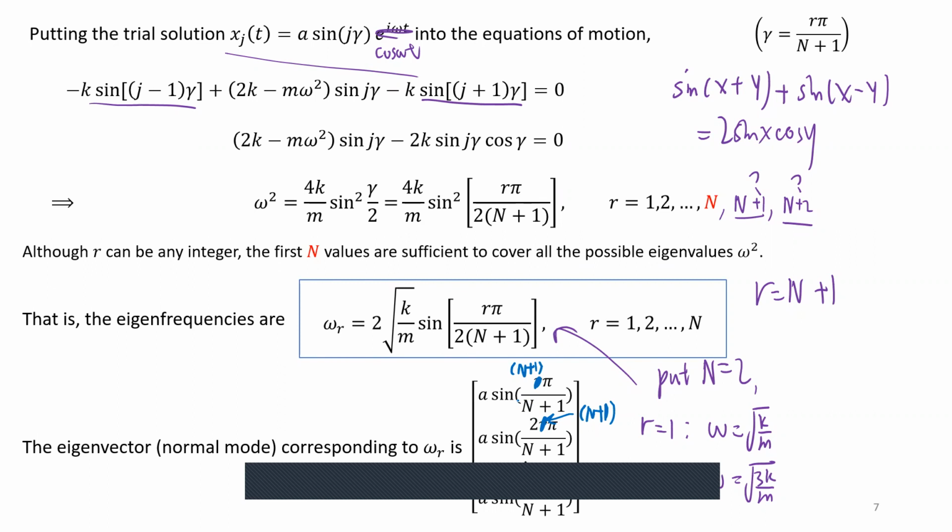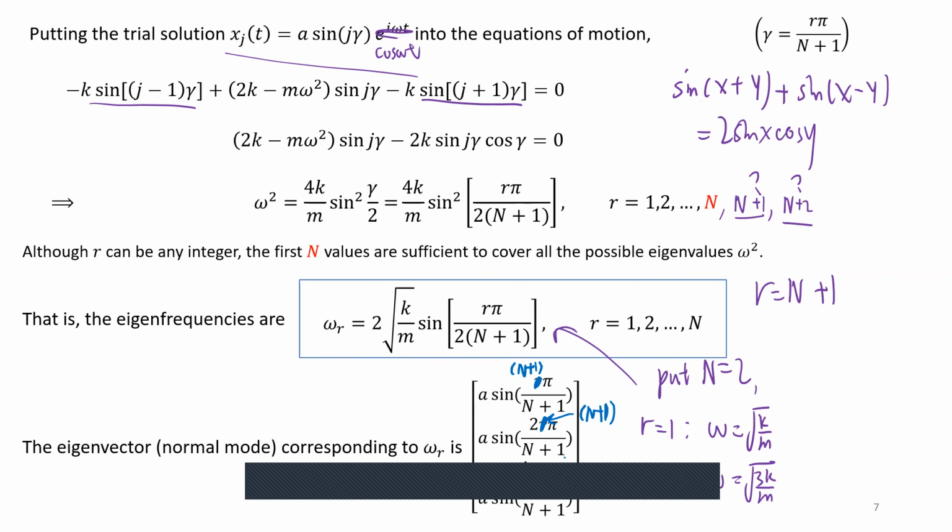So for r equals n plus 1, this sine function just becomes sine pi, and the next one is sine 2 pi, and the next one is sine 3 pi, and so on. They are all 0.